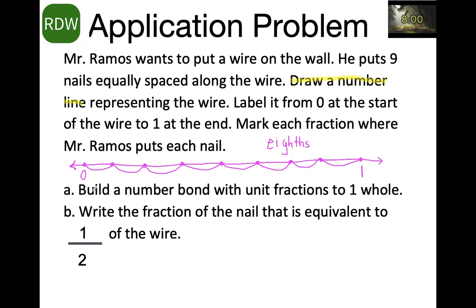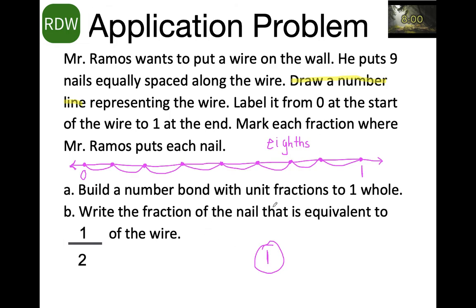Now, part A says to build a number bond with unit fractions to one whole. What that means is you should draw the number 1 as a 1 whole. And this is where we make all those little spider legs.